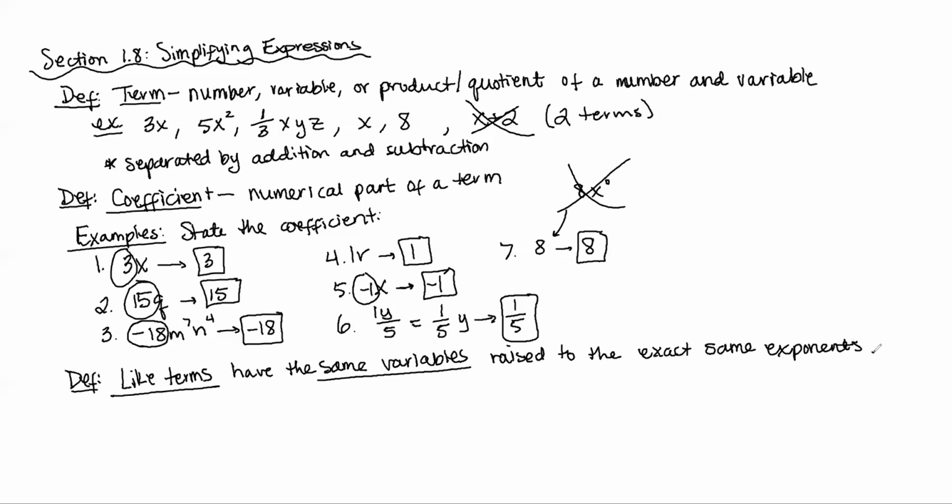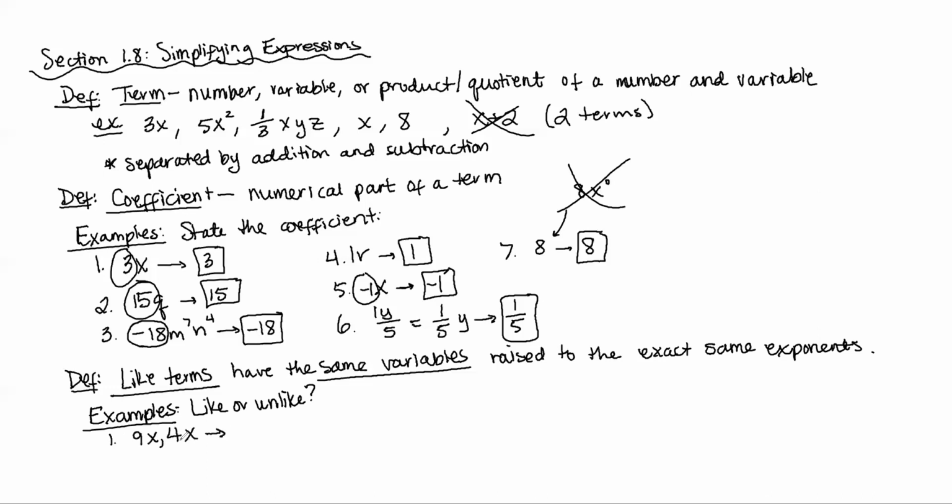All right, so let's go ahead and just look at a couple of examples so we can see a little bit more clearly what like terms look like. So for these, we're just figuring out if they are like or unlike. Number 1, we're given 9x and 4x.